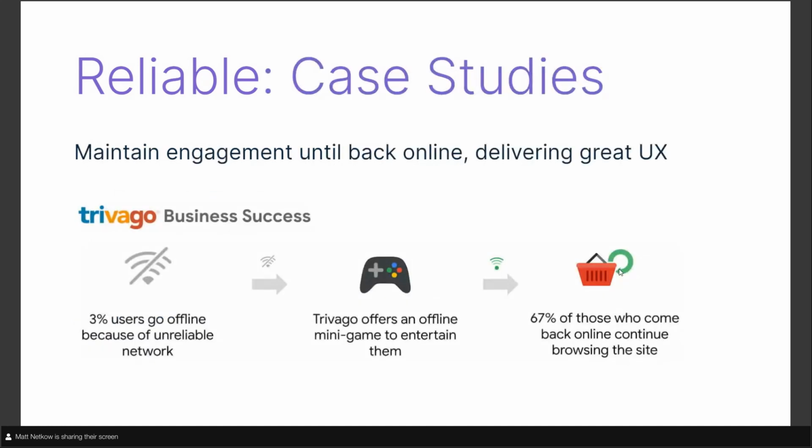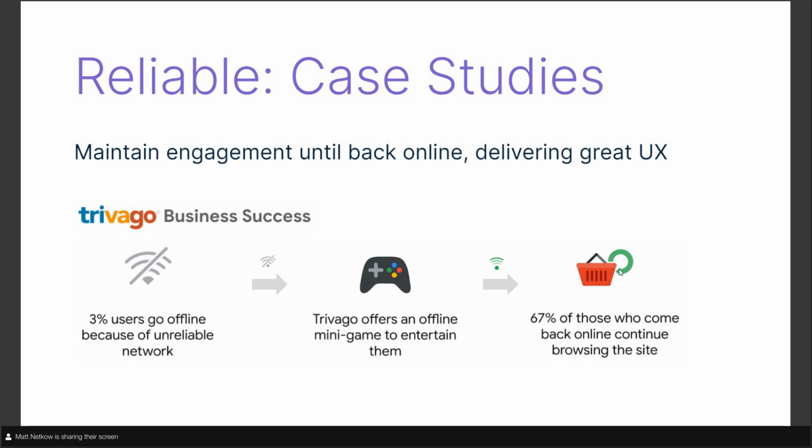I really love what Trivago did in the sense of maintaining engagement until their users came back online and delivering a great user experience. From one of their business success stories, they noticed that 3% of their users were going offline over time due to unreliable networks. And so what they did is came up with an offline mini game to entertain them. That's pretty awesome.